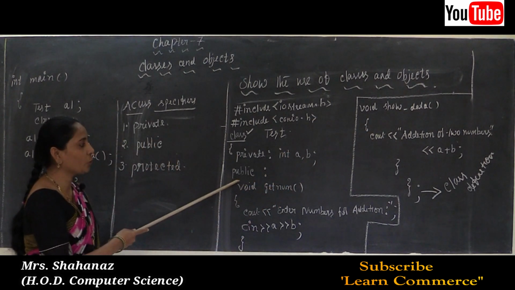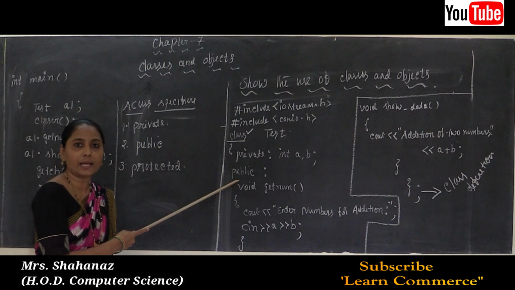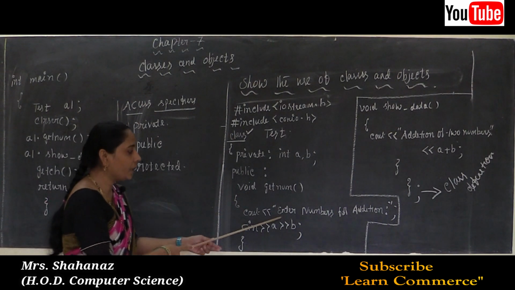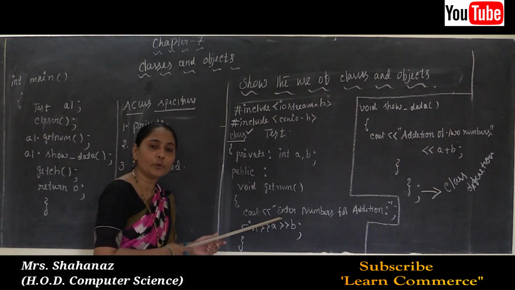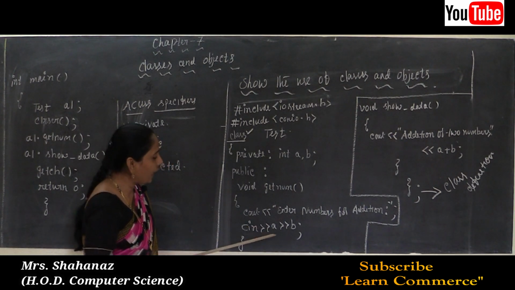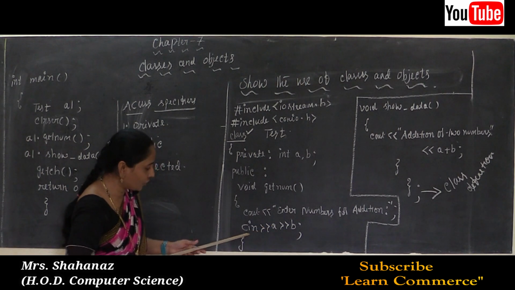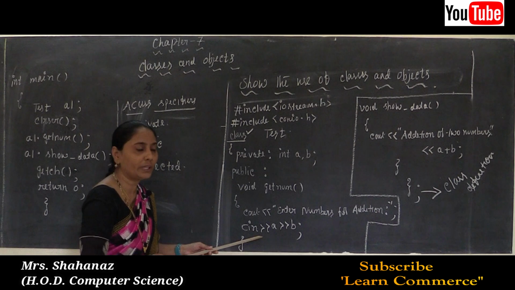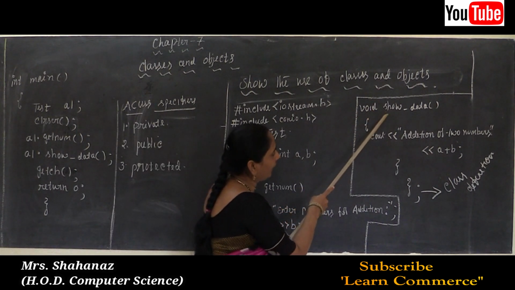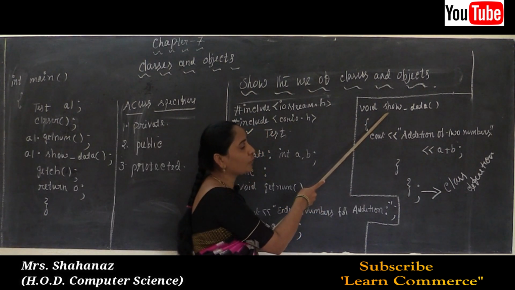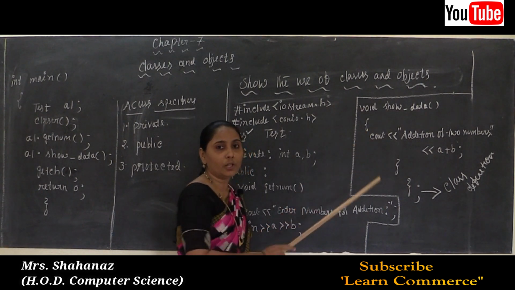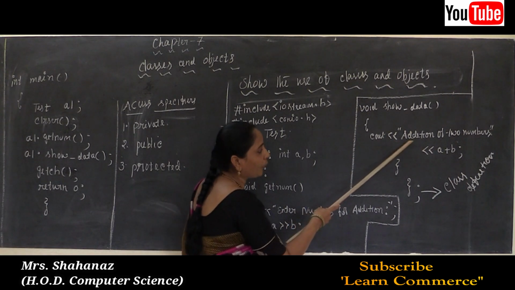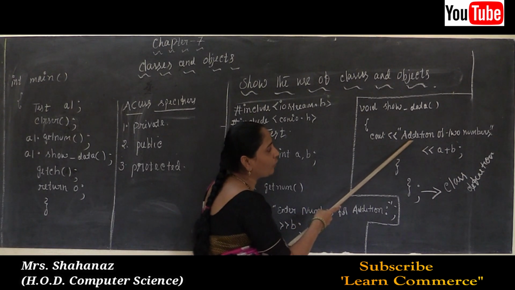Such ones are going to be declared by using the access specifier public. getNum is used here to input the number, to input the data values, and later the cin function, console input, is used to enter the values for A and B. Whatever we enter is going to be displayed by using another function named showData, and here I am going to write one message, the addition of two numbers.